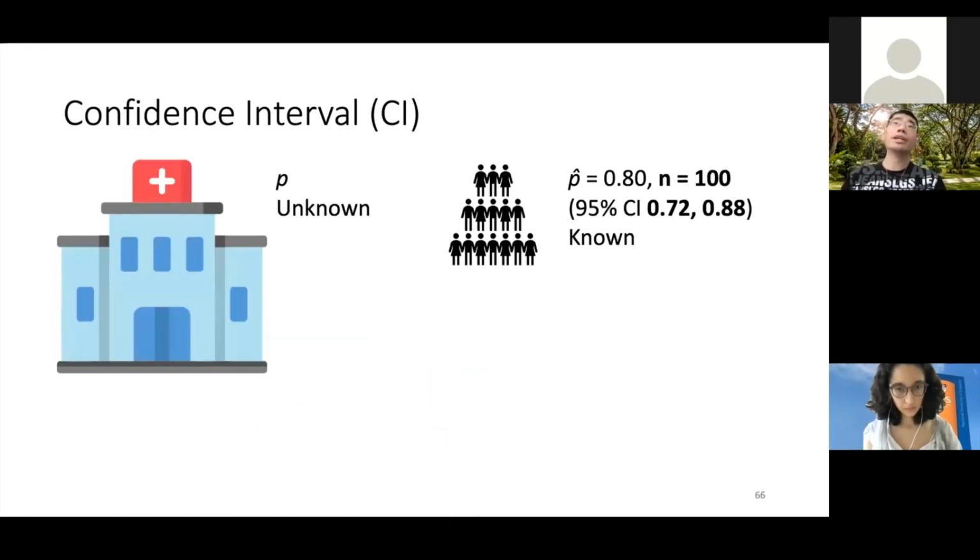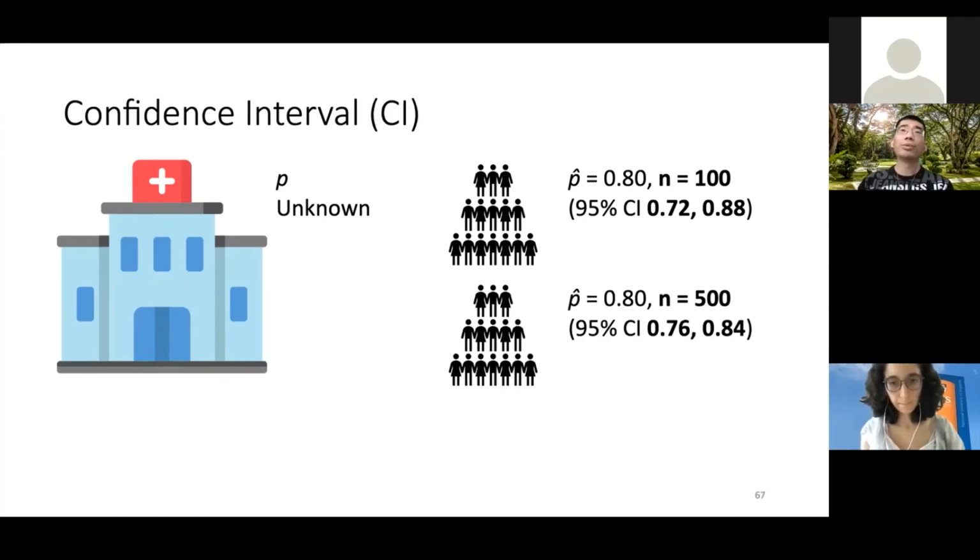But in practice, we do not compute the confidence intervals for many samples, and we only compute our model performance on one sample. And for our sample, the computed confidence interval may or may not contain p, okay? But we can be 95% confident that it does, okay?